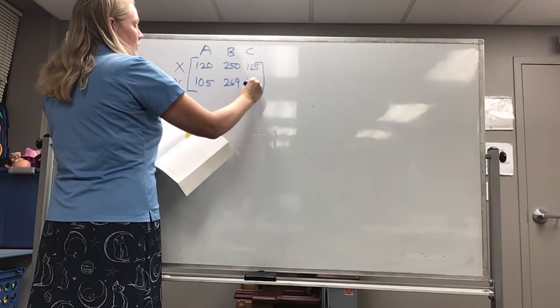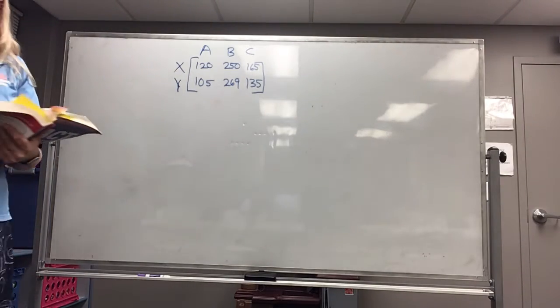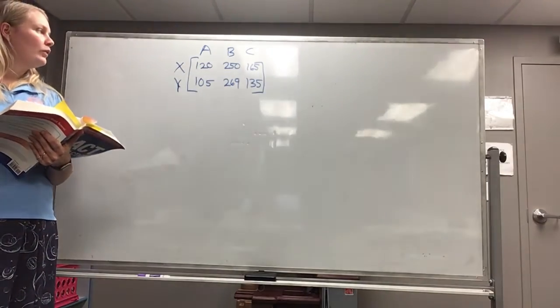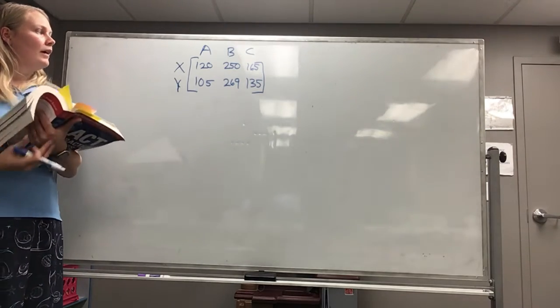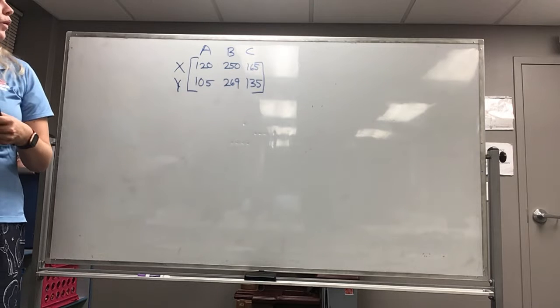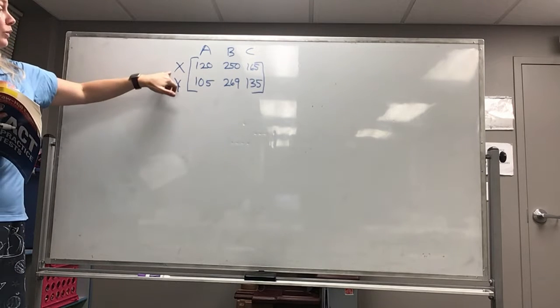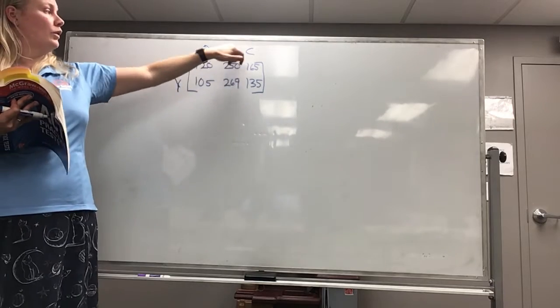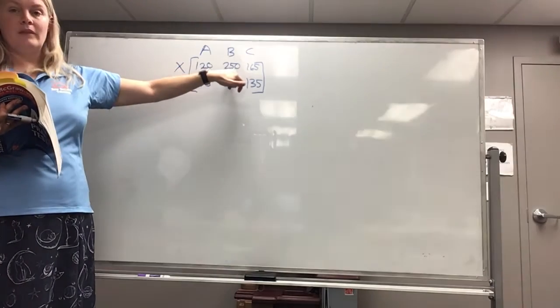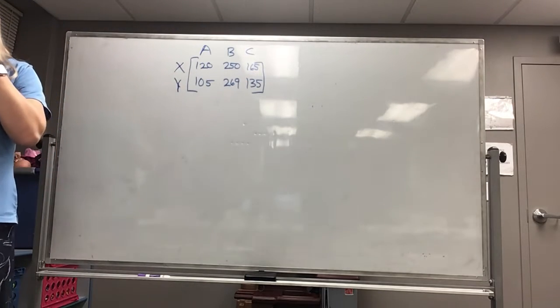Just for your reference, if I asked how many students were enrolled in course B first semester, it would be the first row. Course B is the second column. There were 250 students in that class first semester.